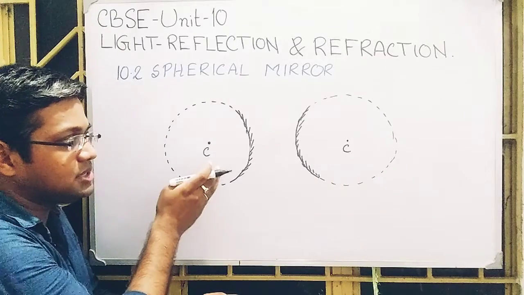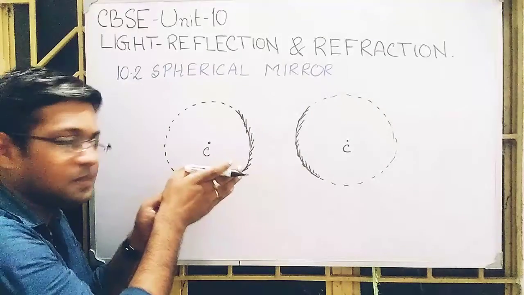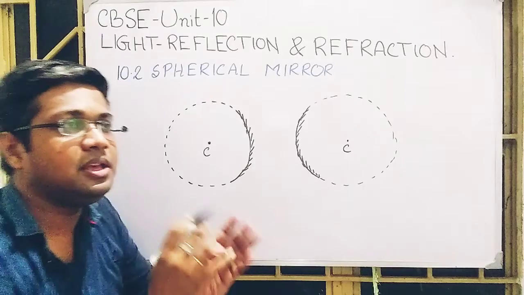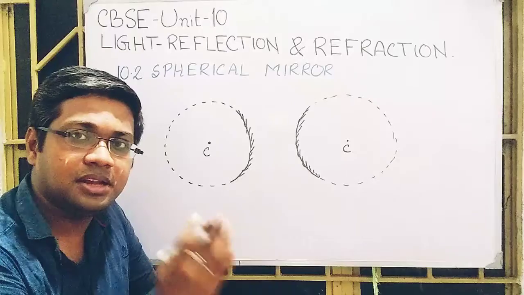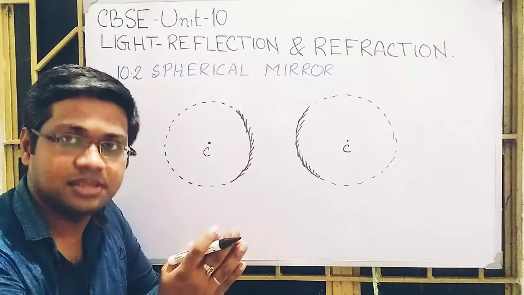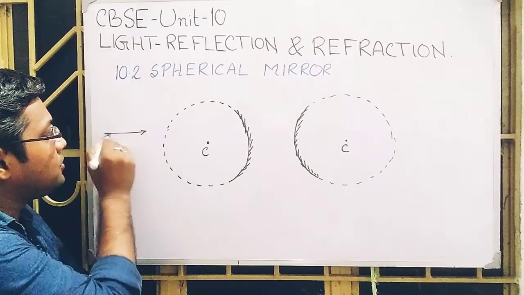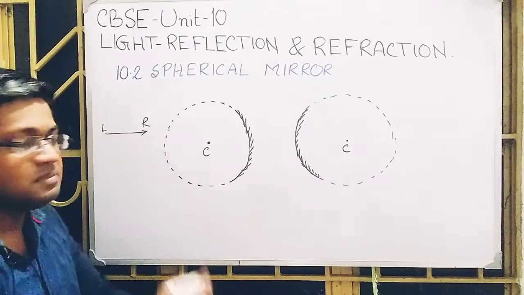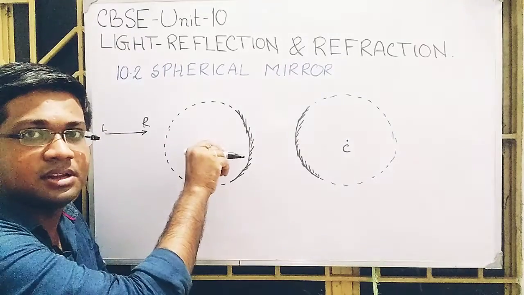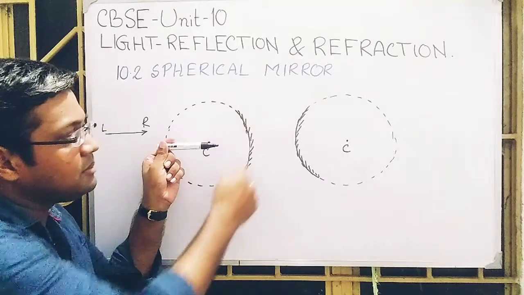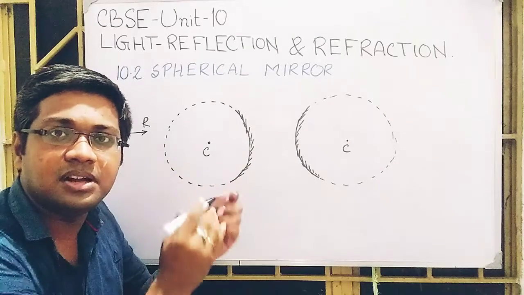You are looking towards this mirror and this mirror from this side, clear? Because conventionally when I am drawing the ray diagrams, which is accepted internationally also, the light ray is always coming from left to right. So when the surface of the mirror is like this, then reflection from the mirror is possible.